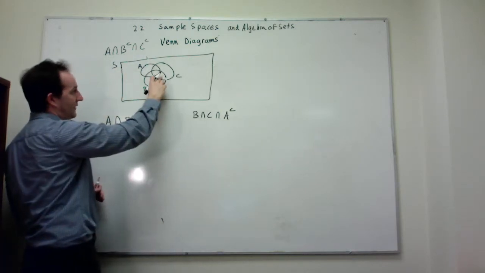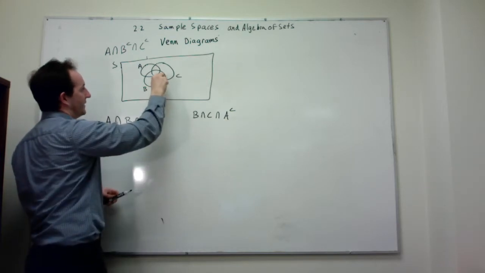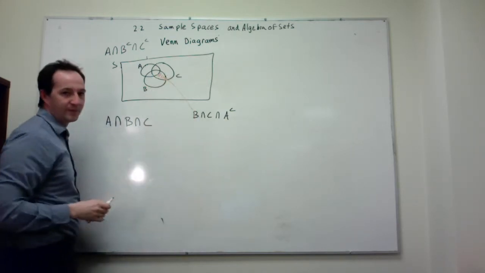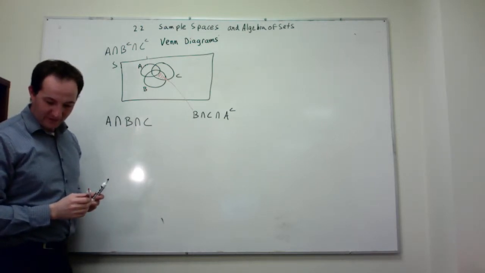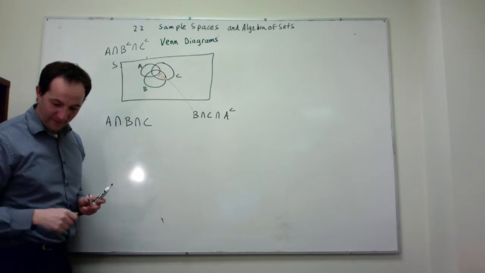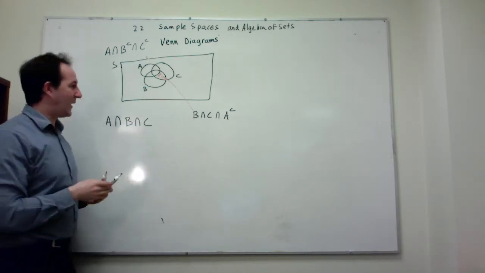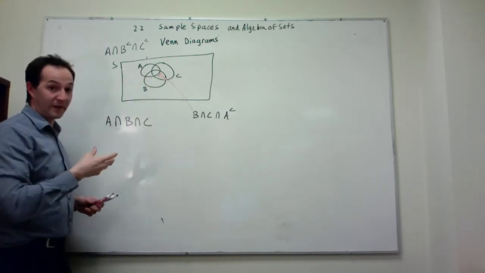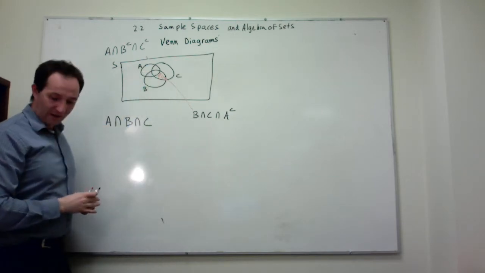So that's in B and C, not in A, would be this section right here. Okay. I think I'll leave it at that. But you should study and become familiar with different ways of describing different regions.